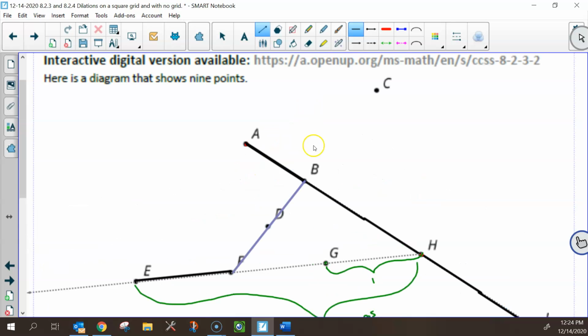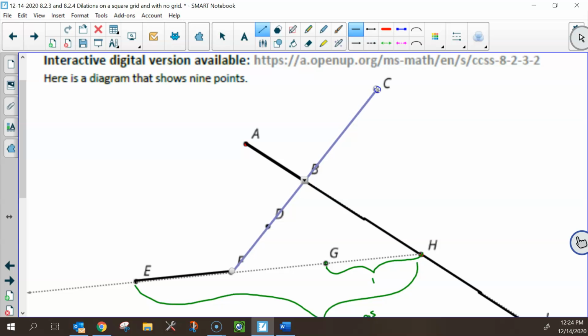Notice that these points would lie on the same line as its center. So is D the center? How would D be the center if here's the original on one side and the new one is clear on the other side? Hint, it's not. There are more points that are on that line.